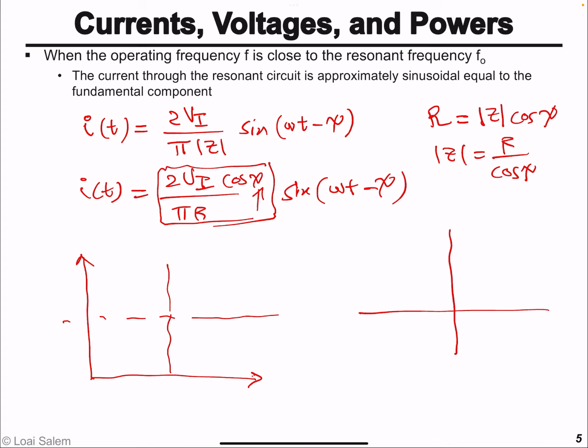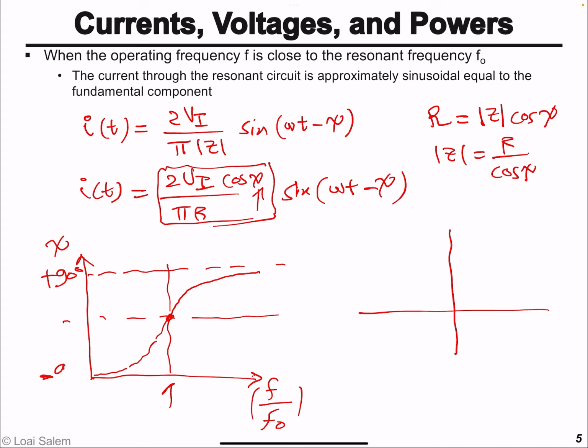When we looked at the function psi versus the normalized operating frequency, we find at resonance, essentially when the operating frequency matches the resonant frequency of the RLC circuit, the phase is going to be 0. On the other hand, for frequencies above resonance, the phase psi approaches plus 90 degrees. And for frequencies below resonance, the phase approaches minus 90 degrees.